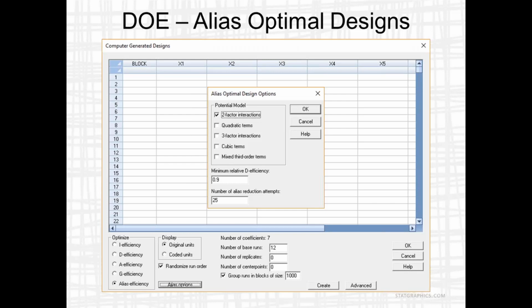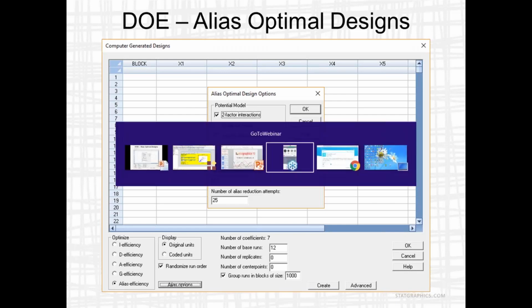And what it will do is generate a design. It may not be D-optimal, but it's close to D-optimal, and at the same time protecting against interactions. Again, I'm going to do a whole webinar on that, so I don't want to go into too much detail.